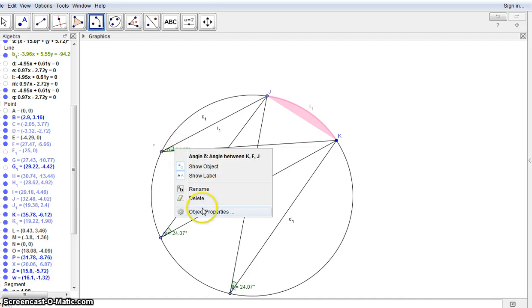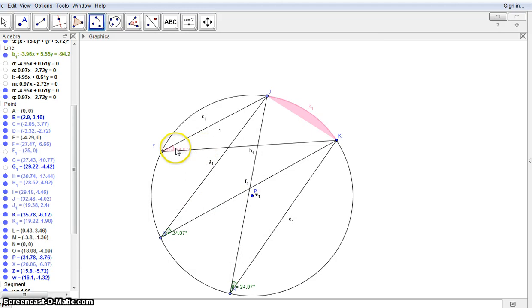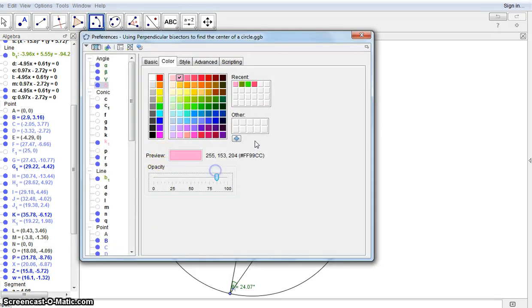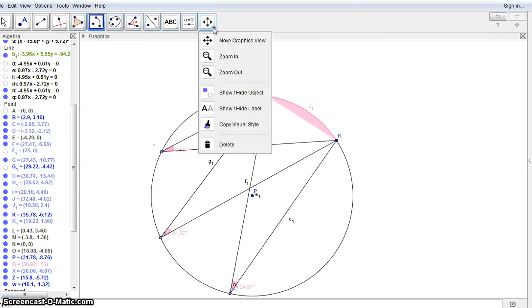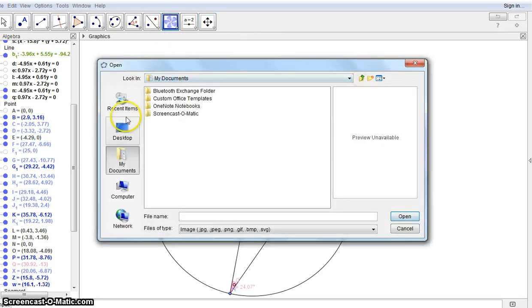Each of these angles, let's change the color so they're pink. And I'll change the opacity to match as well. I've captured an image of the inscribed angle. I want to see if I can insert it here.